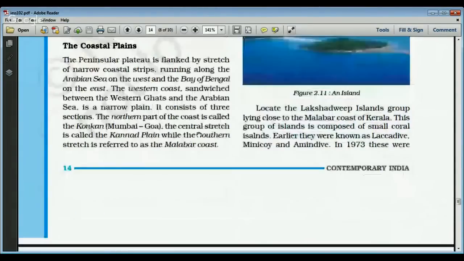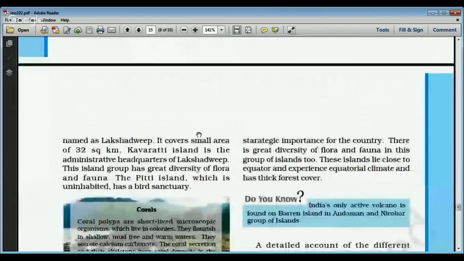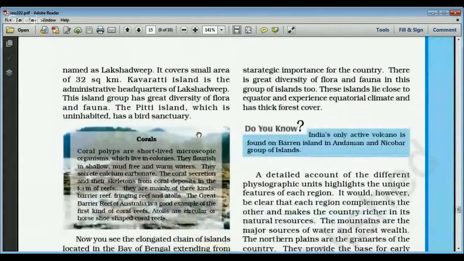Lakshadweep Islands lie close to the Malabar coast of Kerala, and this group of islands is composed of small coral islands. Earlier they were known as Laccadive, Minicoy, and Amindivi, and in 1973 these were named Lakshadweep, which covers a small area of 32 square kilometers.